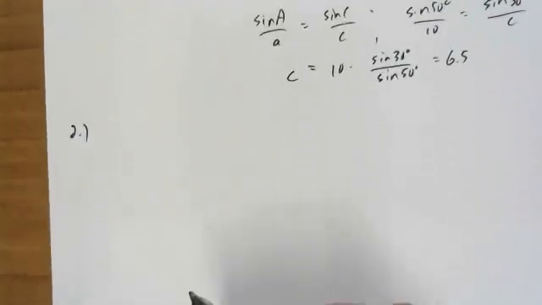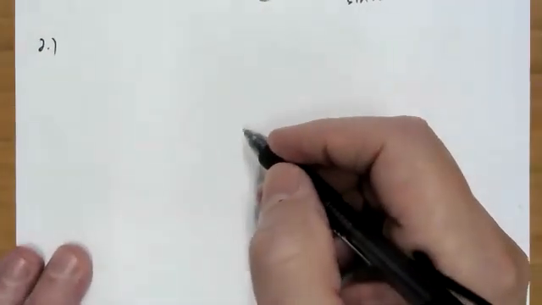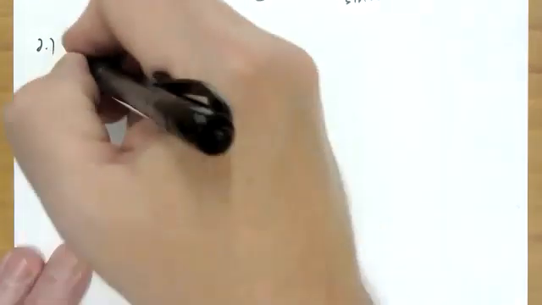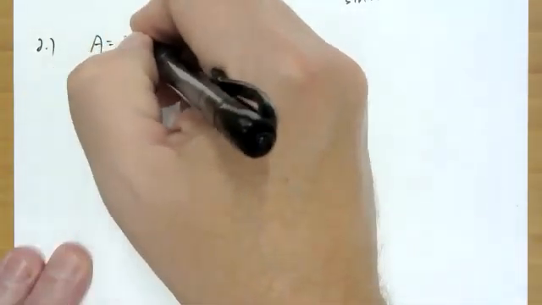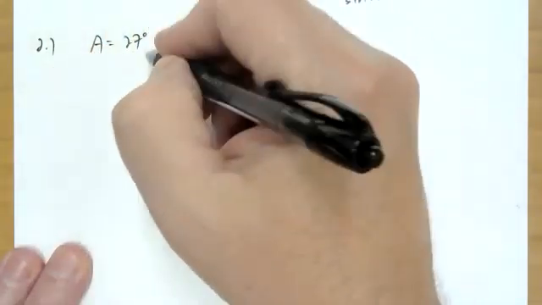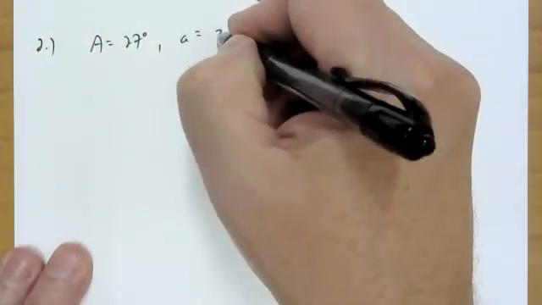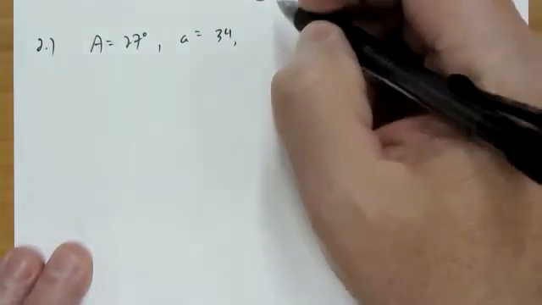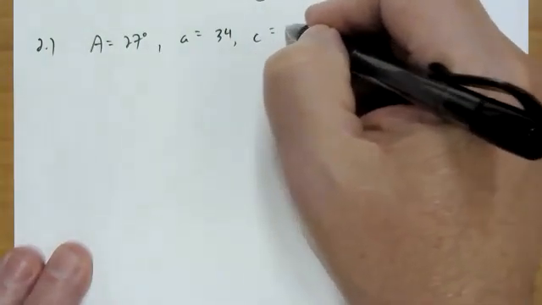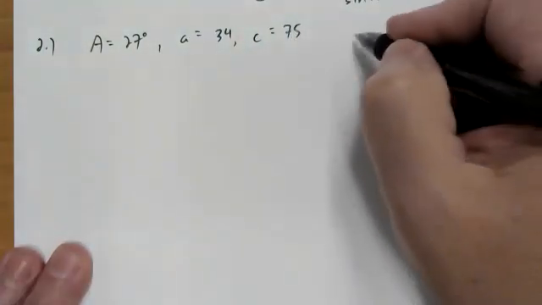Number 2, angle A, 27 degrees. Side A is 34. Side C equals 75.